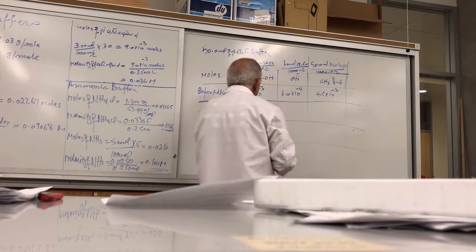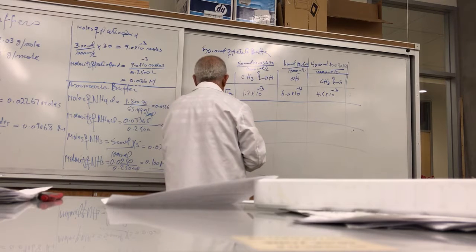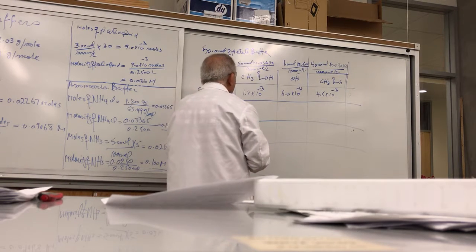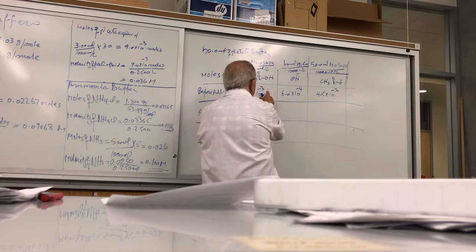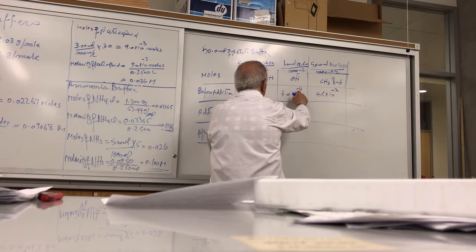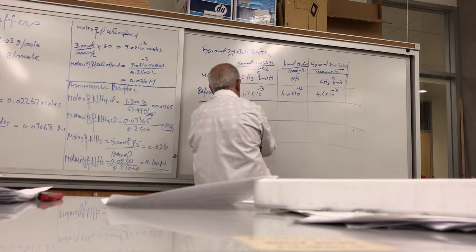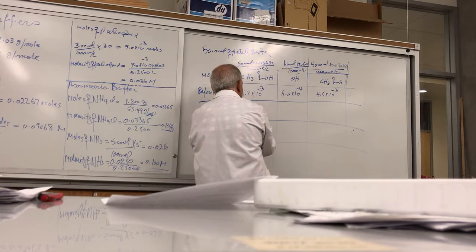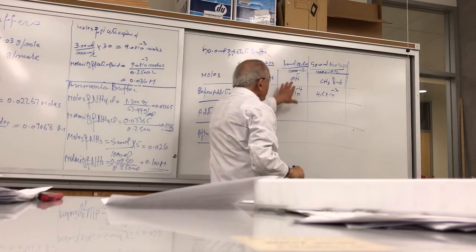So now what happened here? What did we add here? This 6 times 10 to the minus 4 will react with the acid, so the change will be minus 6.0 times 10 to the power minus 4, and this is OH.